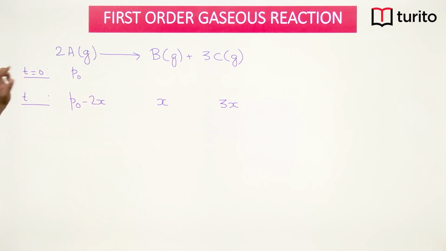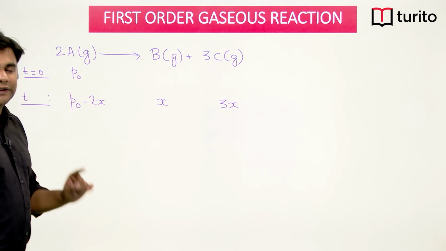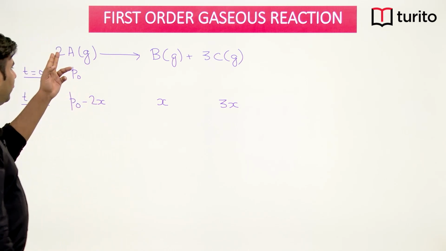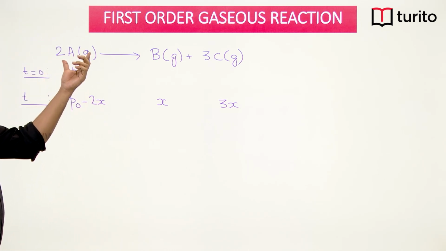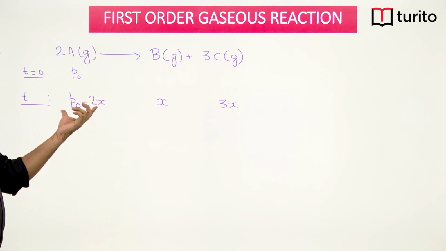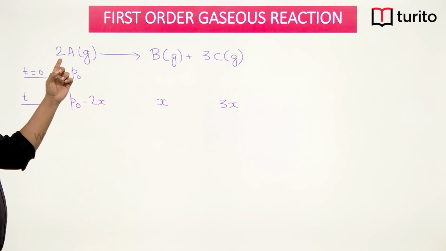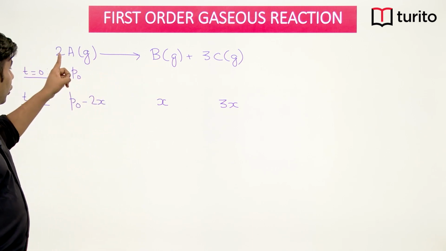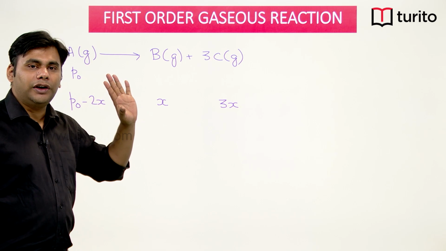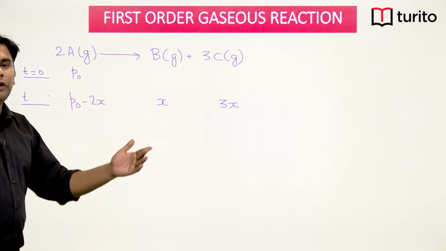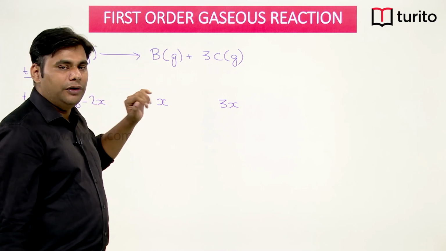So we are saying that x is the extent of reaction in terms of pressure per mole, because the stoichiometry is 2. So the amount reacted in terms of pressure is 2x, right. So the leftover would be P naught minus 2x. Now 2 moles of this is forming 1 mole of B, so 1 mole of A is forming half mole of B. So 2x which has reacted would form half into 2x, the pressure of B, which is x.